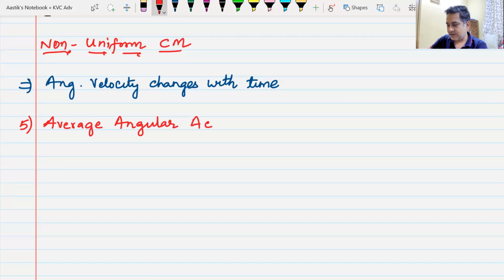No. Average angular acceleration. Average angular acceleration. Alpha, vector, and a dabba.